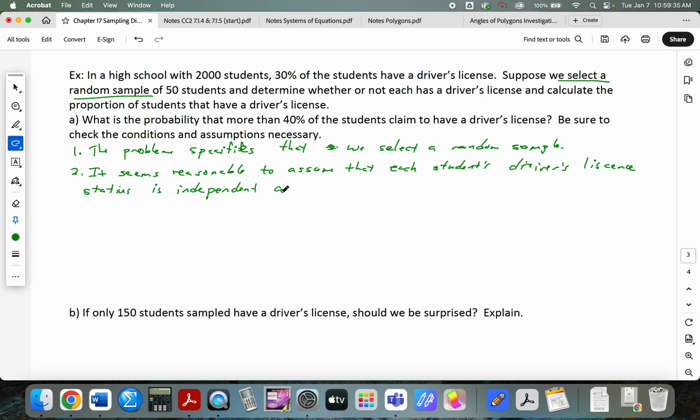And 50 students is less than 10% of the 2,000 student population.